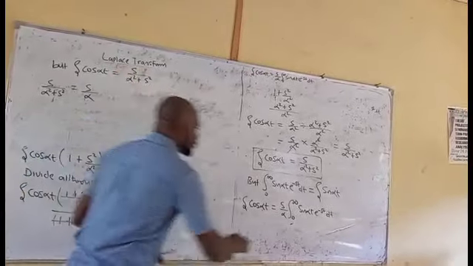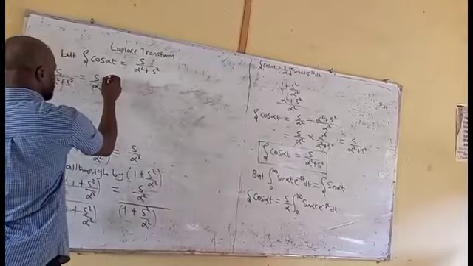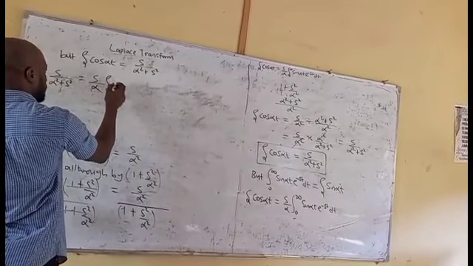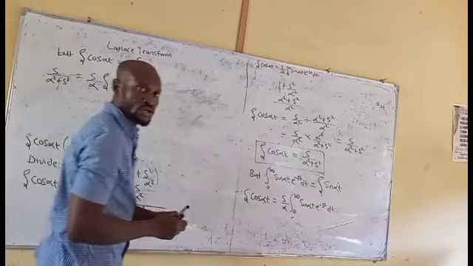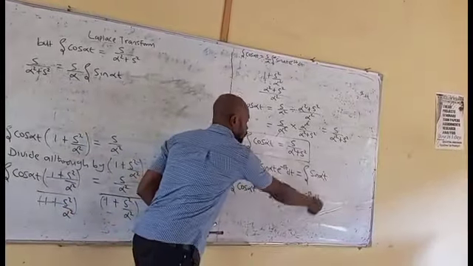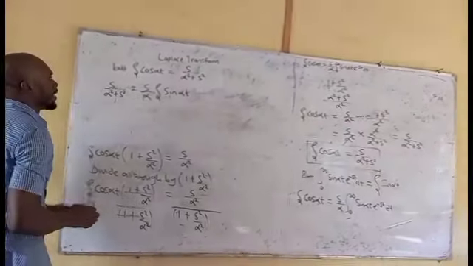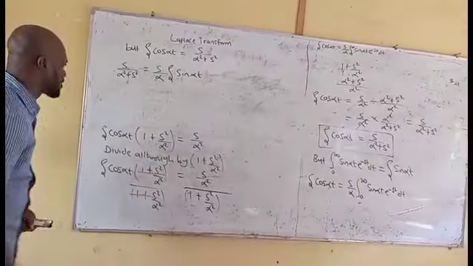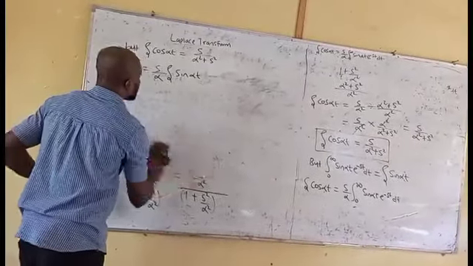So this one now is the same as the Laplace transformation of sine alpha t, because the whole of this will give you the Laplace transformation of sine alpha t. So now I want to get my Laplace transformation of sine alpha t. With this now I can get it. So how do I do it?